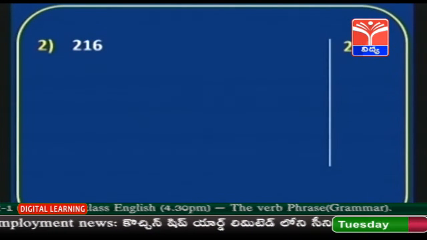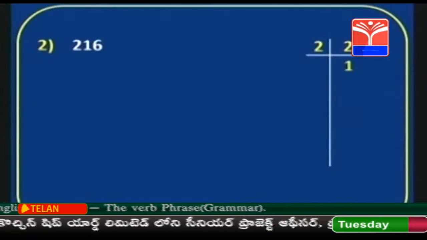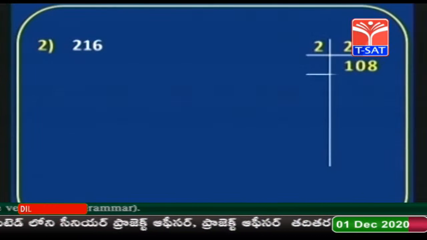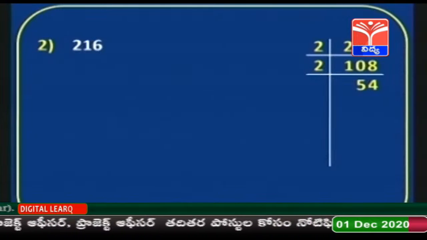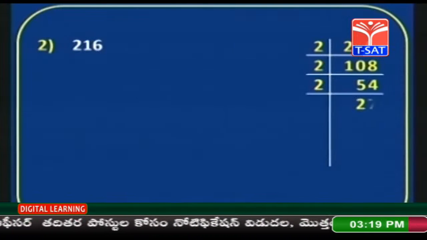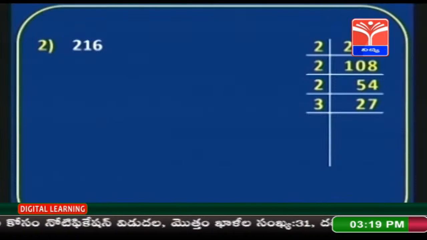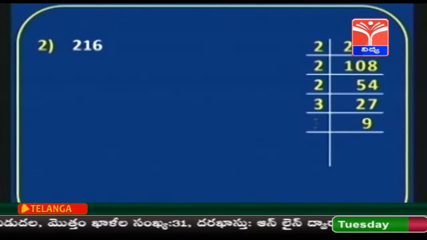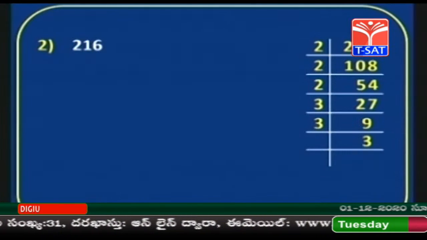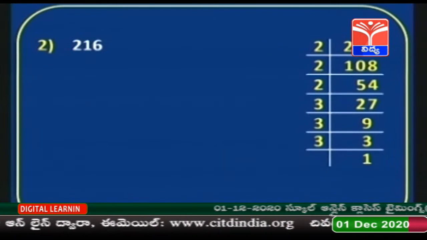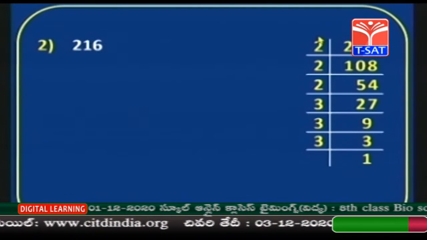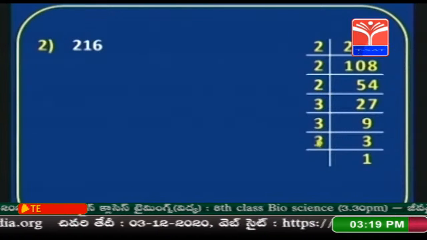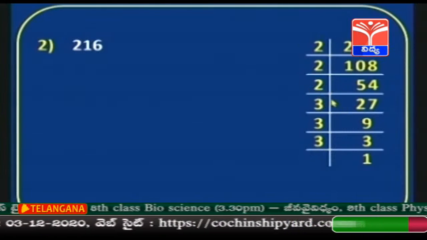Now let us check the second number, 216. I am doing prime factorization here. 2 216s are 108, 2 54s, 2 27s, 3 9s, 3 3s, 3 1s. Children, observe here, I have got 2, 2, 2, 3, 3, 3, meaning three 2s and three 3s.